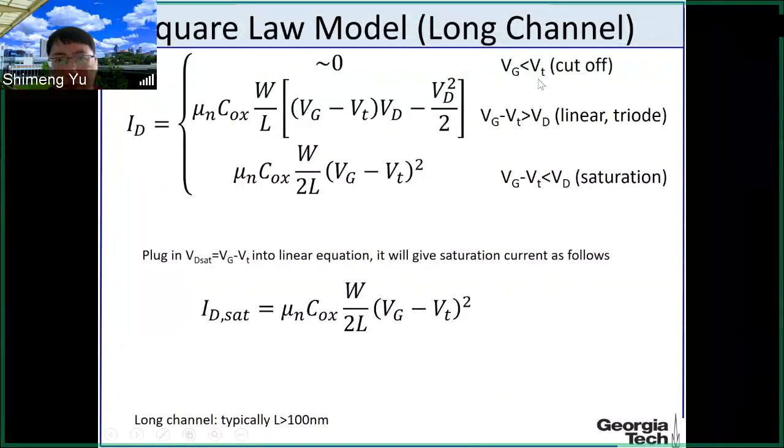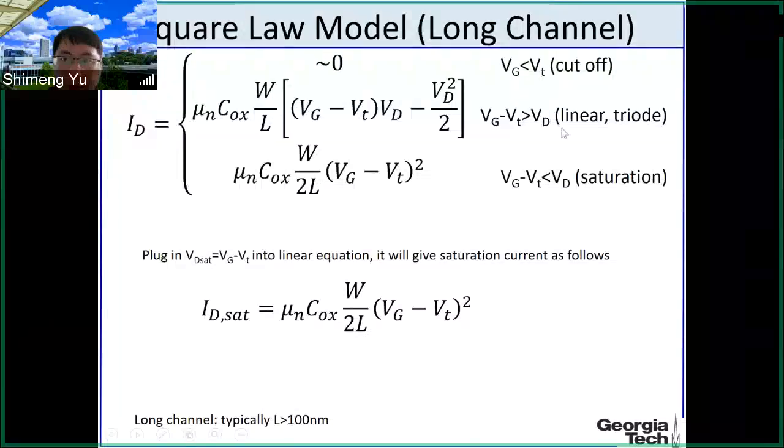We haven't created the inversion channel. Then we don't have current, even if you have the drain voltage, because the channel is not formed yet. So the drain current is almost 0. We'll talk about whether this is exactly 0 or not in lecture 11, I think. But approximately this is almost 0.